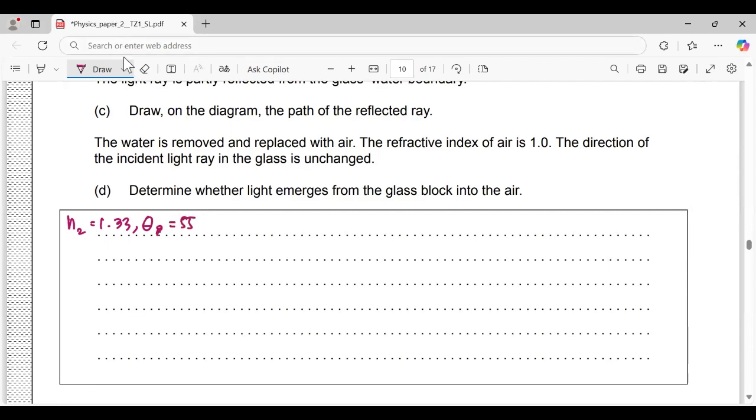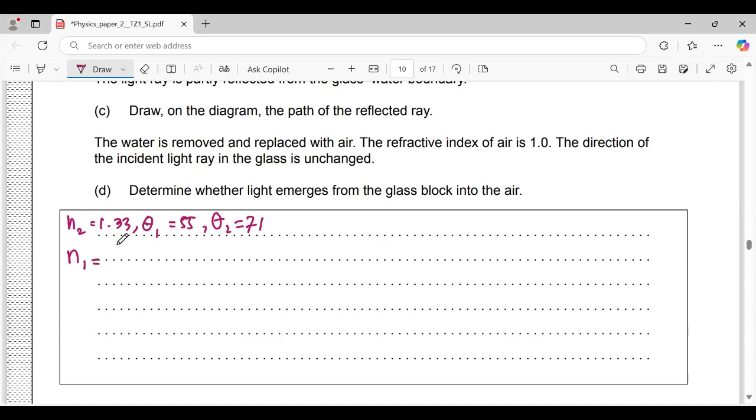Wait, when is theta 1? Theta 2 is 71. According to Snell's law, again, N1 is the refractive index of glass.